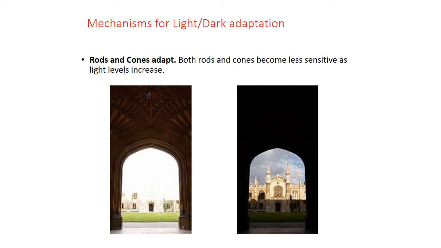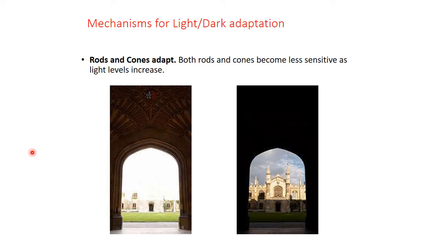Now let's change gears. Instead of talking about phototransduction, let's talk about light-dark adaptation. One of the major features of the visual system is that it is not only very sensitive to light, but also able to operate over a very large dynamic range.